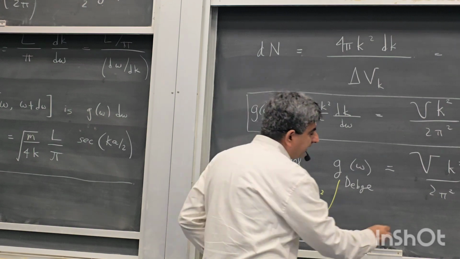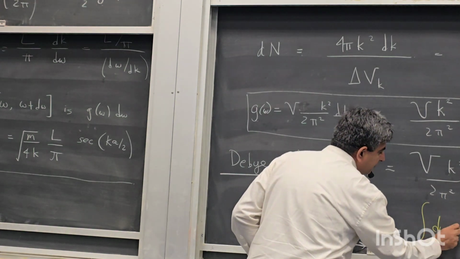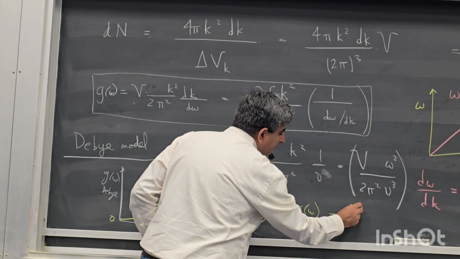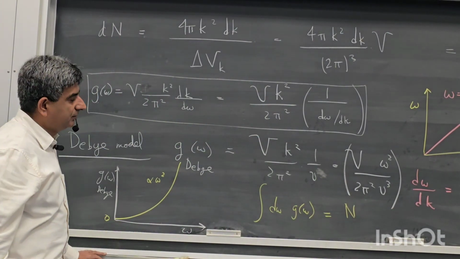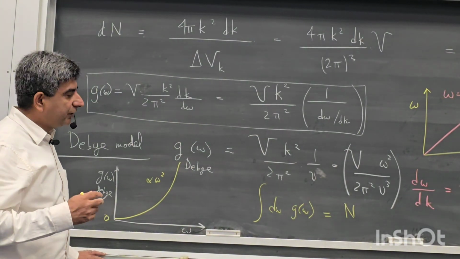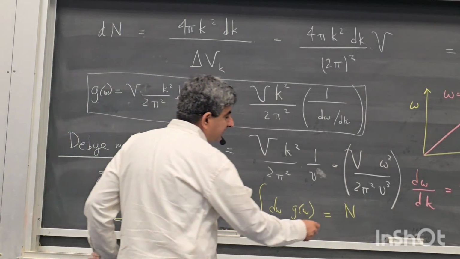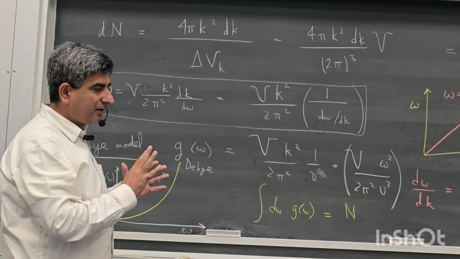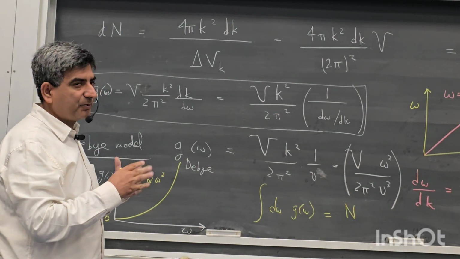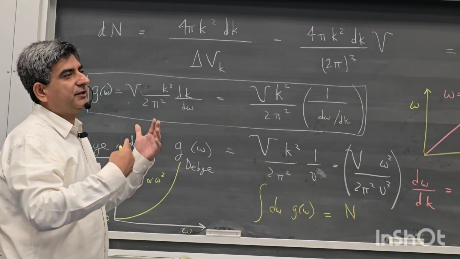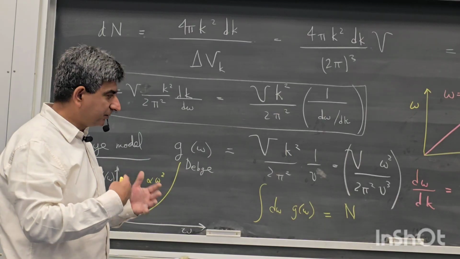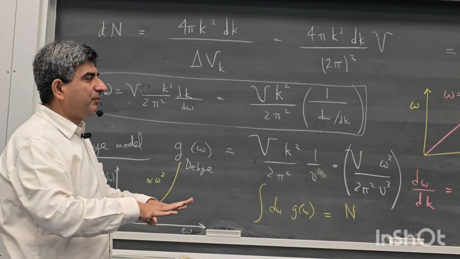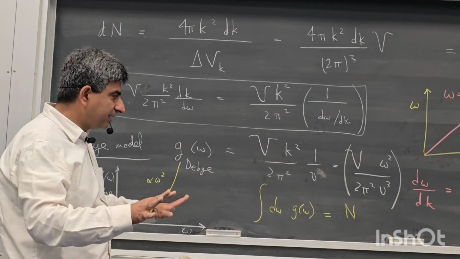But if you take the integral of g omega for all omegas, you should just get the number of modes. And by the way, it's a three-dimensional solid, so we're only talking about one polarization, because the wave can be longitudinal or transverse. We would have to multiply this with the number of polarizations that can exist. But so far, we are oblivious to the polarization, just for one single polarization.